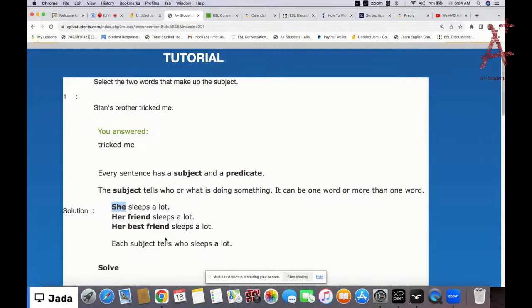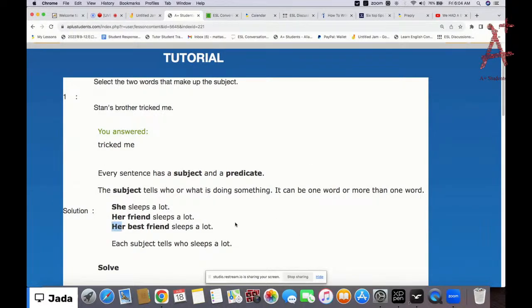Then her friend sleeps a lot, two words. Now you need to note that in a sentence, the subject is the main person that is doing the action. It's usually all about the subject. The person doing the action is the subject.